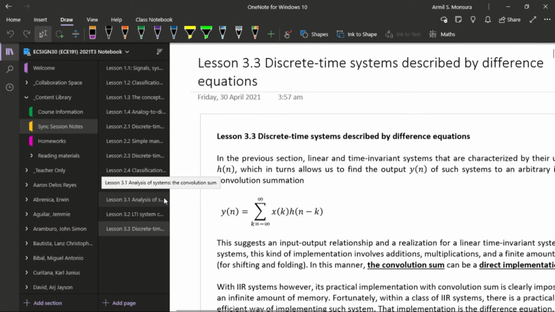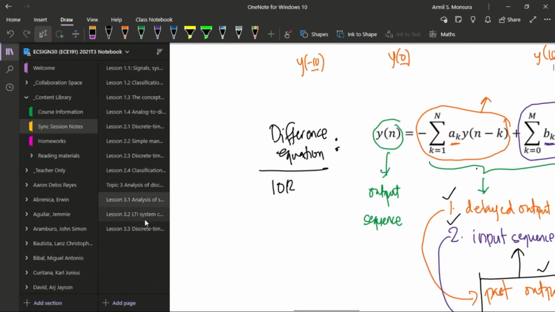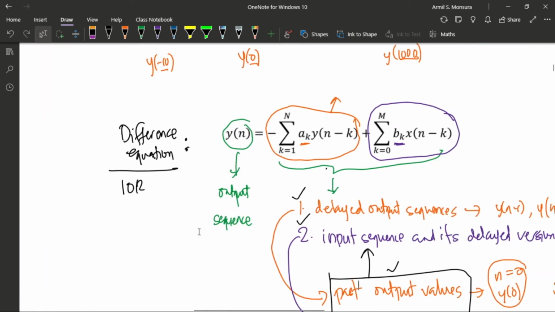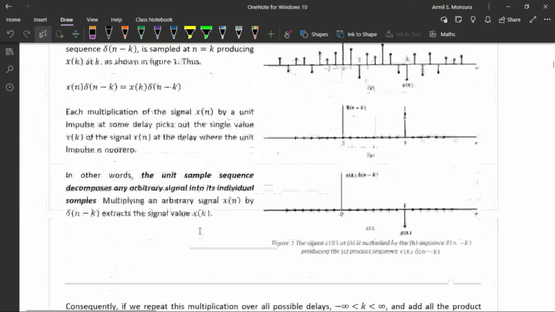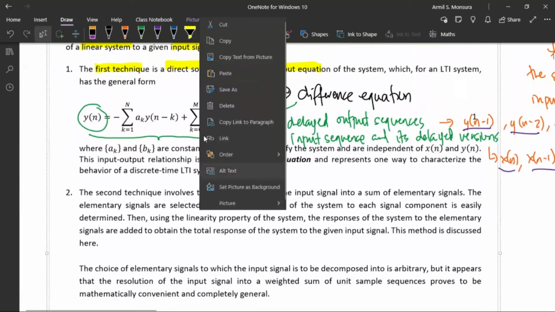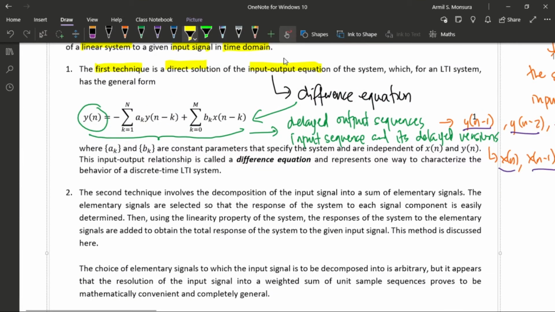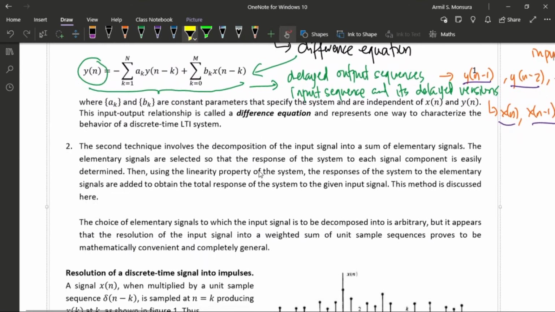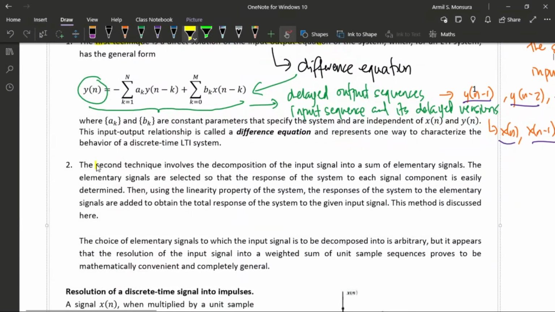So diyan natin de-develop yung pagso-solve nung difference equation na yan. But in this lesson, we will primarily focus on technique number 2, or the second technique.